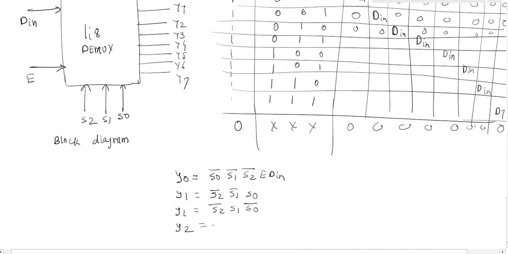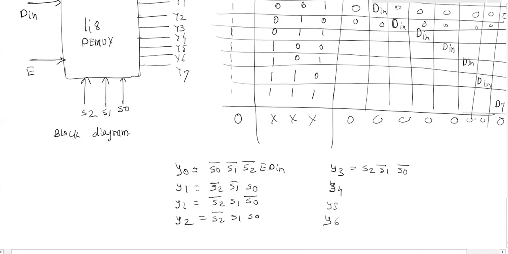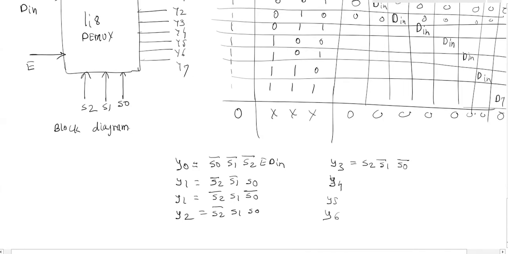Y3 is S2 bar, S1 and S0. Y4 is S2, S1 bar, S0 bar. Then Y5 and Y6.